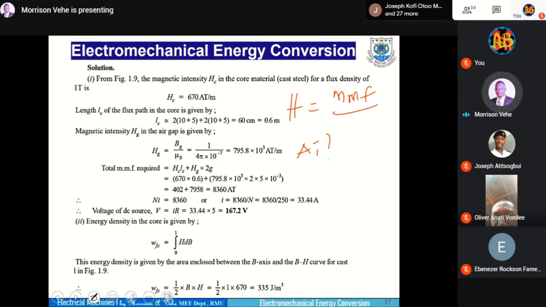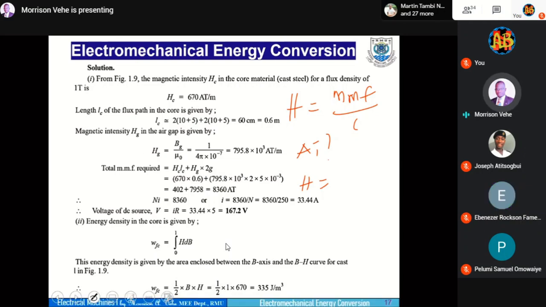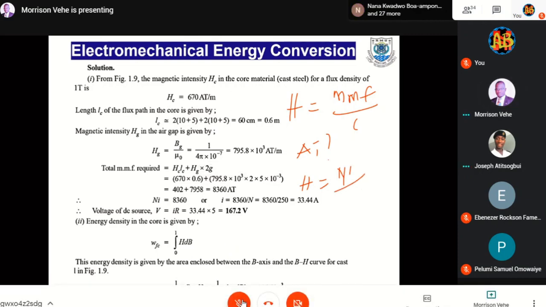Now we know that our length is measured in meters. Yes, sir. So that will be L. But also H, or MMF, is the same as NI. Is that right? Yes, sir.